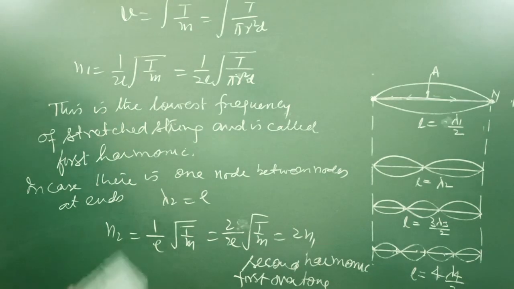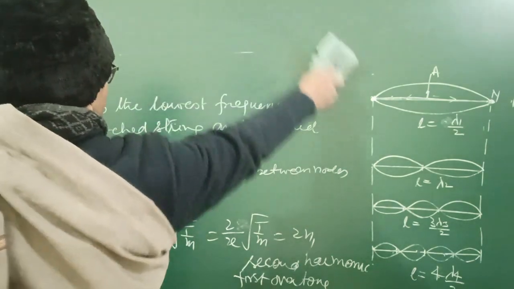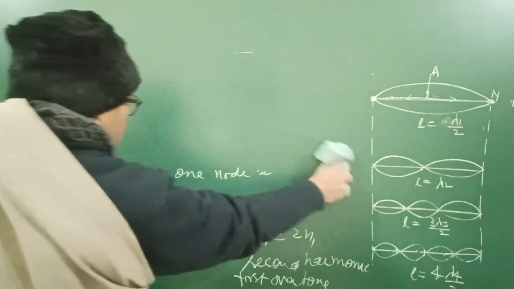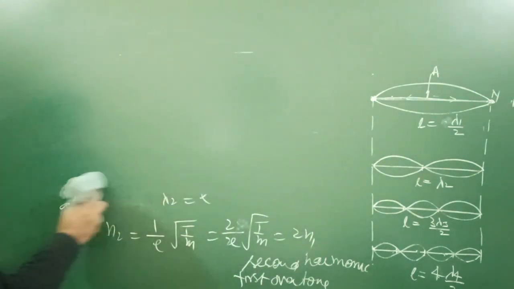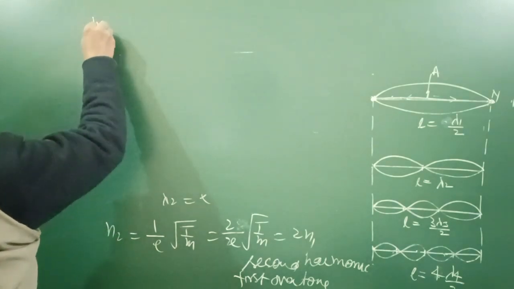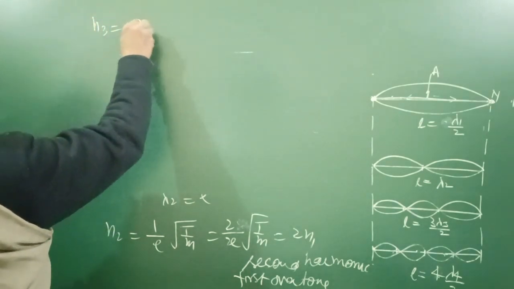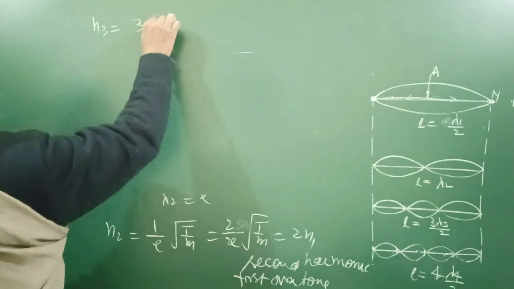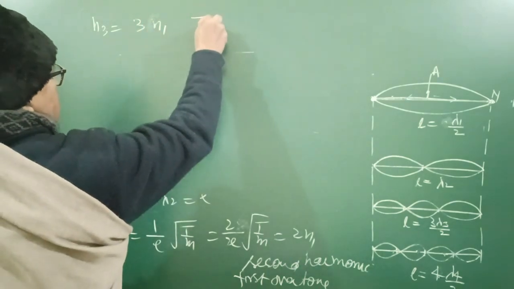Similarly, the higher frequencies which can be excited in the wire are N3 equal to 3N1, third harmonic.